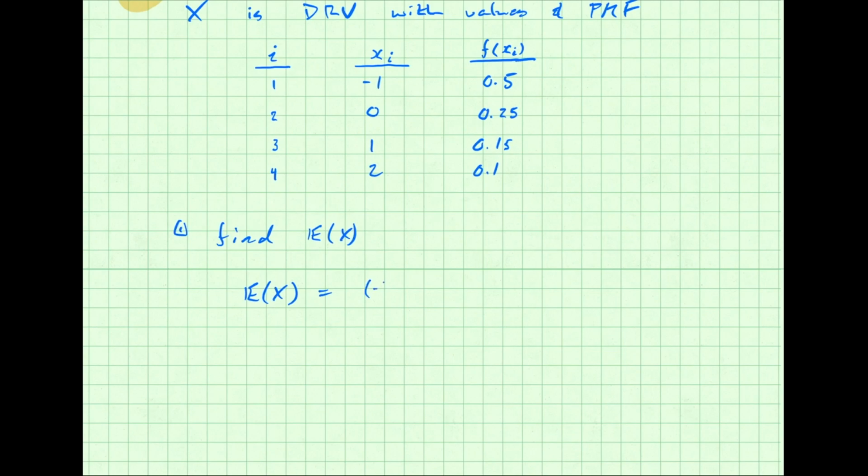So we've got -1 times a half, plus 0 times a quarter, but I'll just leave that off because it's nothing. And then plus 1 times 0.15, and then plus 2 times 0.1.